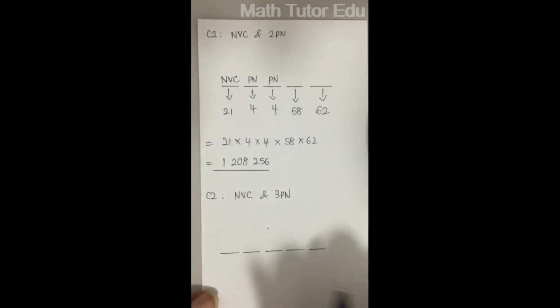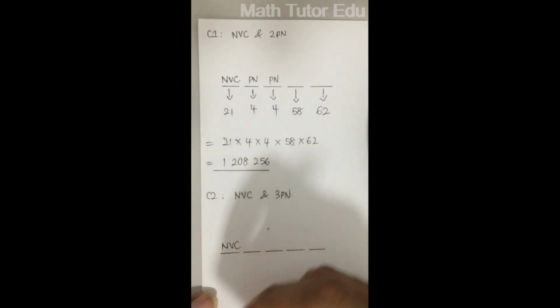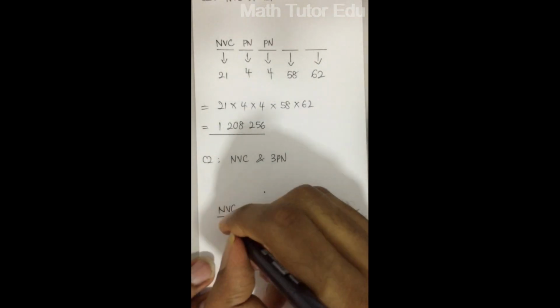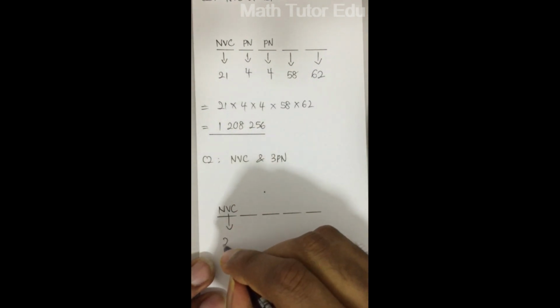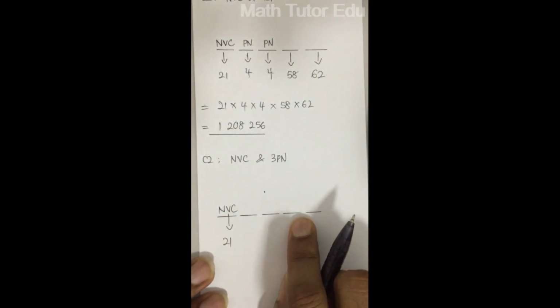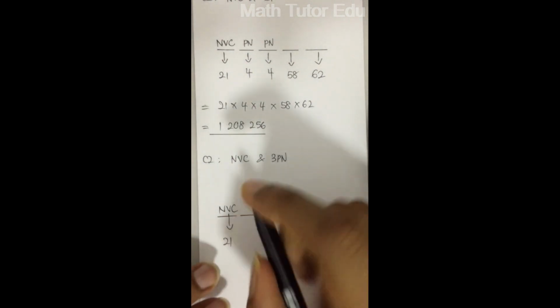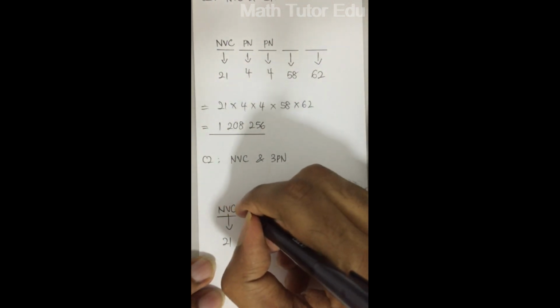The first character, a non-vowel capital letter, is the same. You have 21 possibilities, and then followed by 3 prime numbers. Why 3? Take note of the keyword, guys. At least means at least 2 prime numbers. You can have more than 2 also, right? So that's why we are following the condition here.